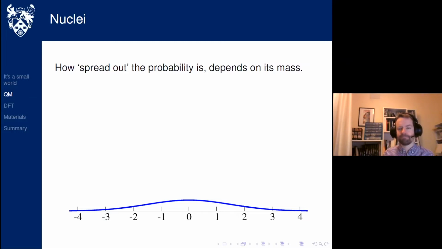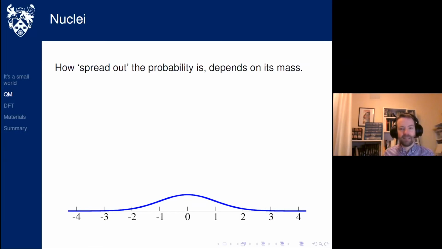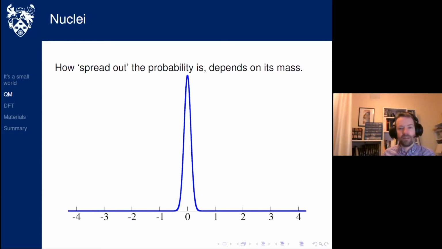You can see it is spread out. Now, if I take exactly the same potential and I put in a particle which has more mass, so we sometimes might say a heavier particle, the wave function changes a little bit. It gets a little bit more peaked around 0, and it doesn't spread out quite so much. And if I keep changing the mass, the wave function gets more and more peaked at 0 and spreads less far out into the other area.